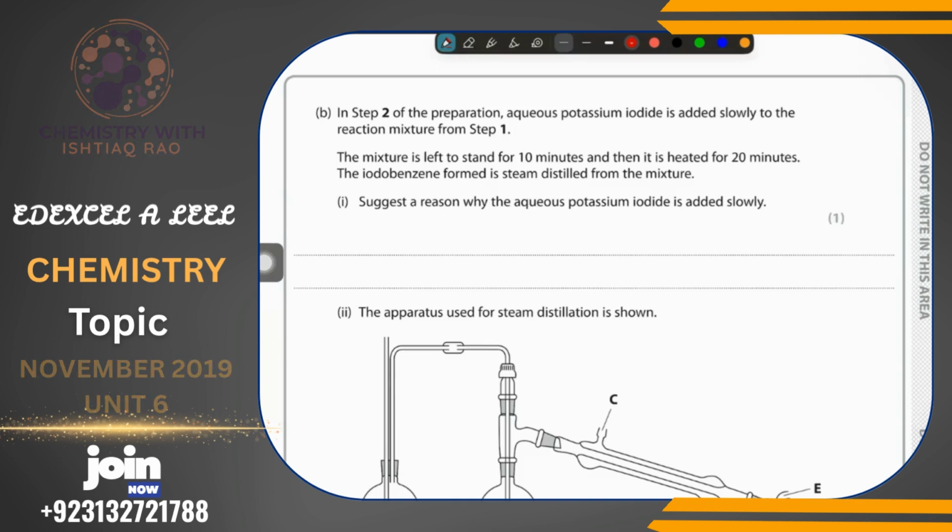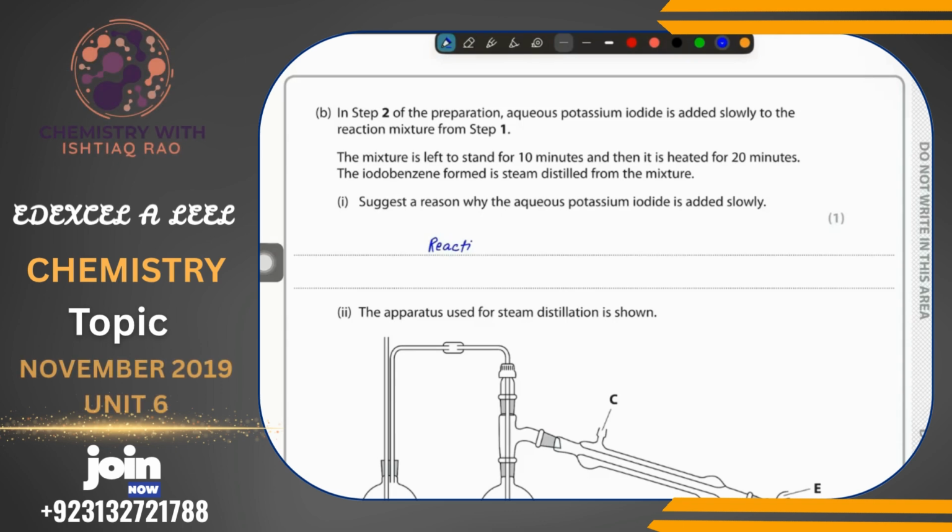To prevent further explosions and a vigorous reaction, we add potassium iodide slowly. So the answer: the reaction is less exothermic and less vigorous.